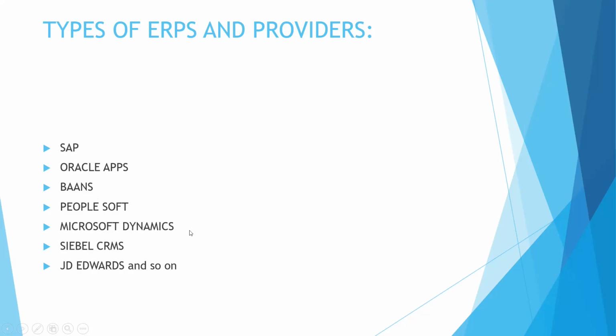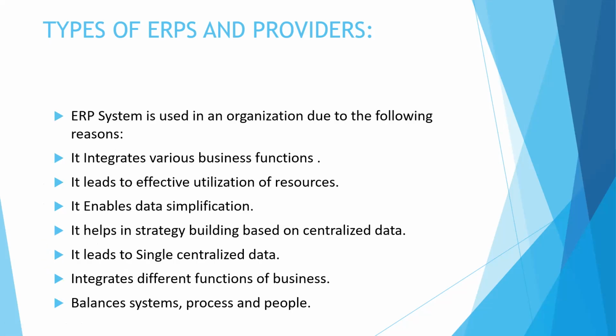If you open an internet page, you can find thousands of such competitive software, at least hundreds available in the market. SAP is top in the market. Why SAP is top in the market, we are going to discuss.